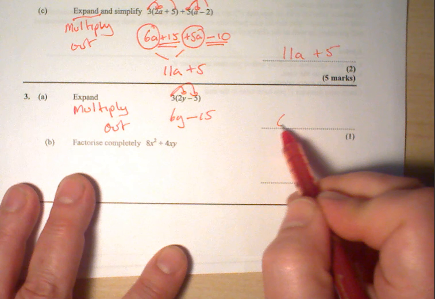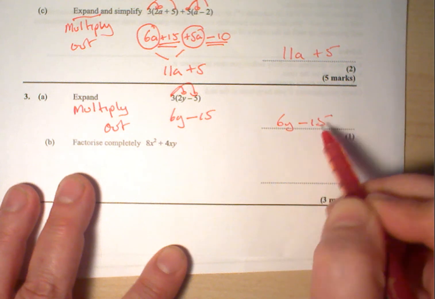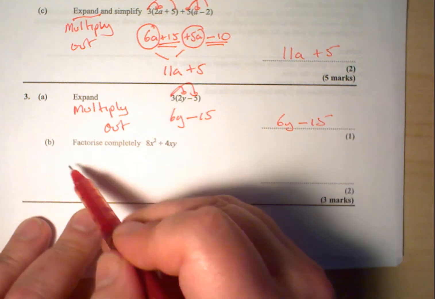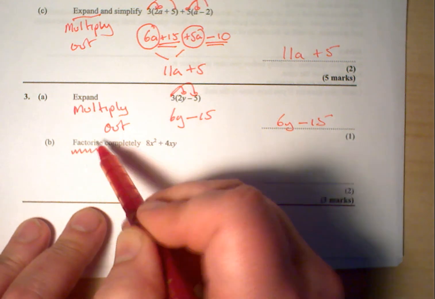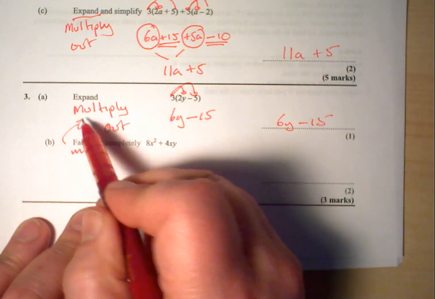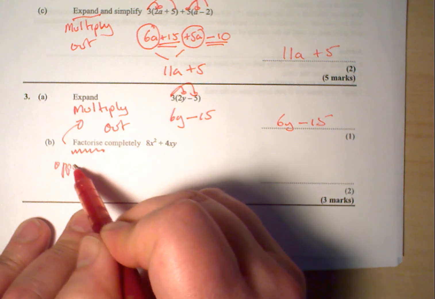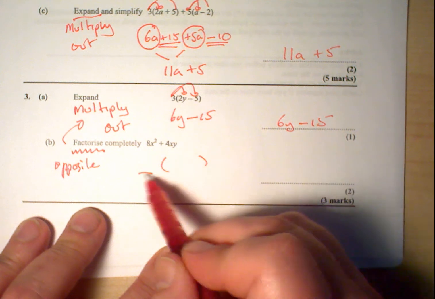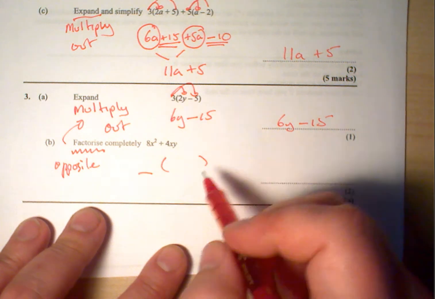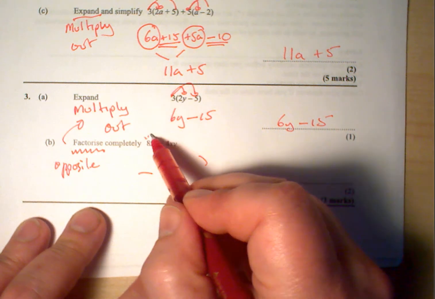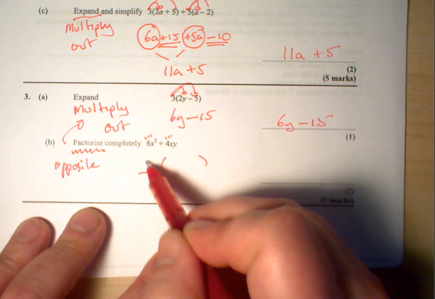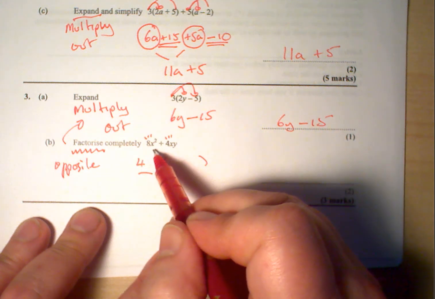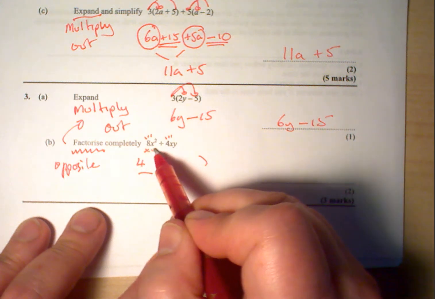And moving on to the last bit of the page, this just means multiply out. So we're going to get 3 times 2y is 6y, and 3 times minus 5 is minus 15. So 6y minus 15. Okay, now we've got another one of these factorising ones, which is the opposite of multiplying out. So I'm expecting something with a bracket here, which I can multiply out to check that I've got it correct. What goes into 8 and also goes into 4? Well, that's 4. And you might remember this means x times x.